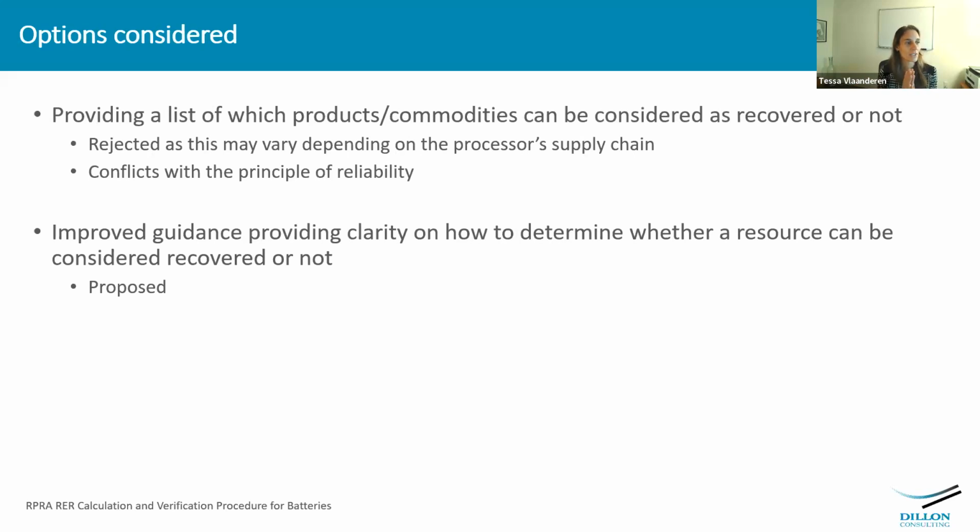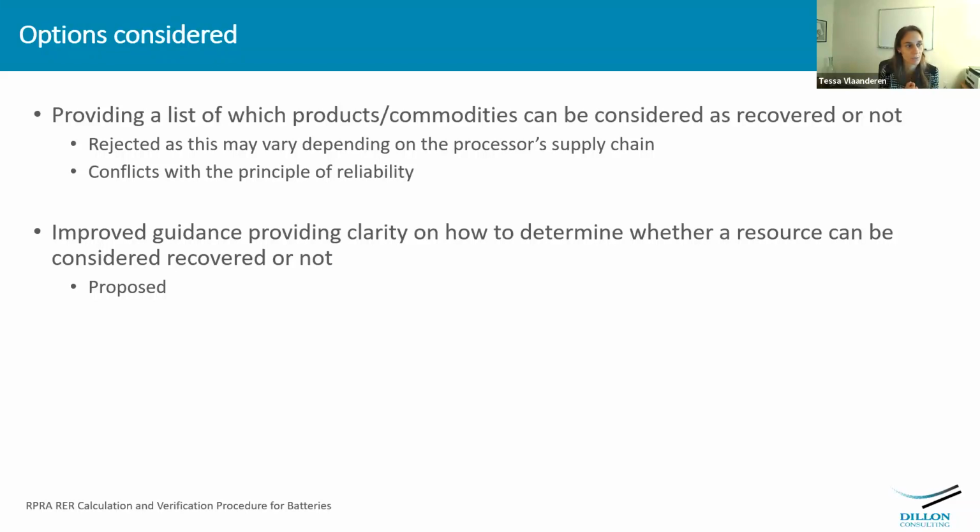The first option considered was, do we develop a list of which products or commodities can be recovered or not? This was rejected as an option because it may vary on the supply chain. You cannot say a particular commodity is always considered recovered if this is really eventually depending on the choice of the processor and may not consistently be applied.